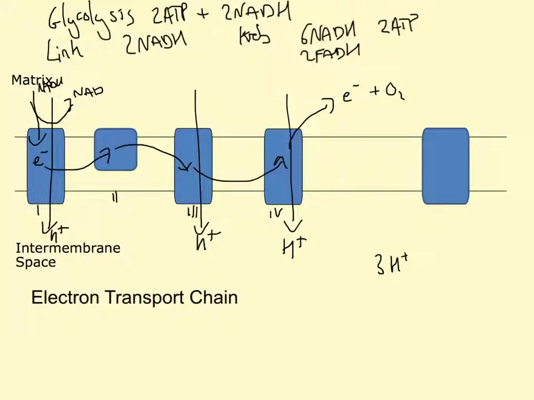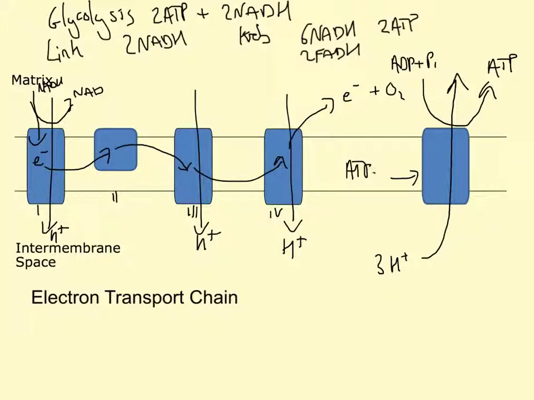These 3 hydrogen ions move back through this molecule, this carrier. When they do that, they cause the production of ATP from ADP plus Pi, which makes this an ATPase. So we have our ATPase here producing ATP.